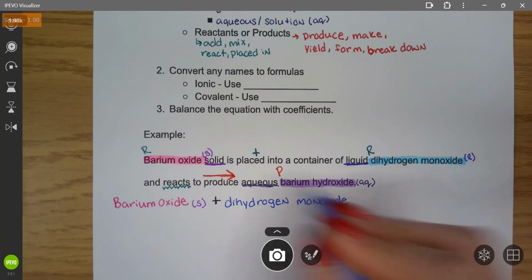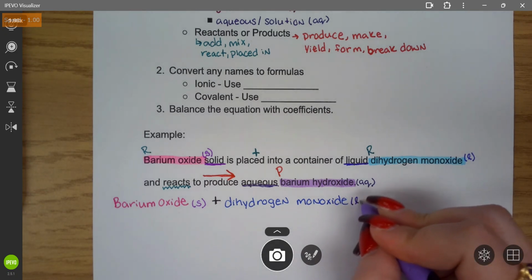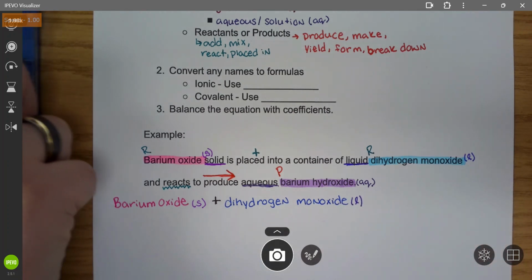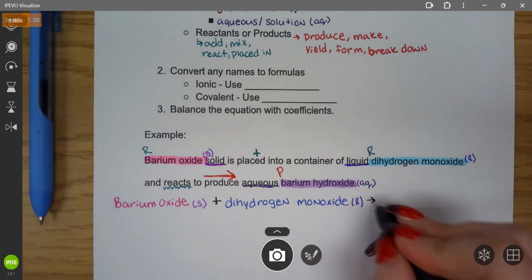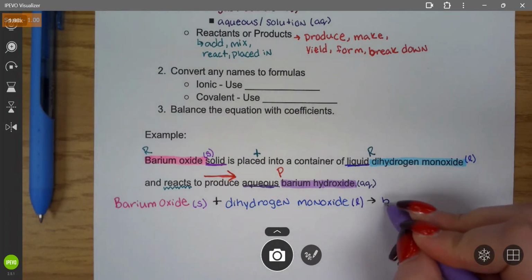So we're making this dihydrogen monoxide here, and it's in the liquid state. And we're mixing these things together to produce our aqueous barium hydroxide.